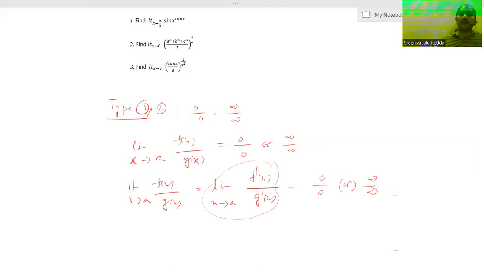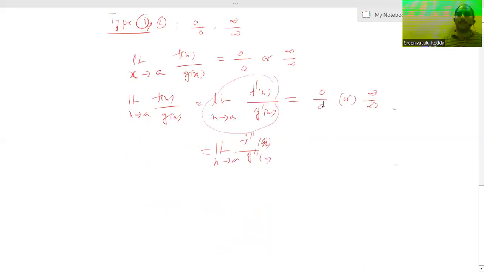Suppose this first derivative value is also 0 by 0 or infinity by infinity. This time the limit value of f of x by g of x equals the limit of f dash x by g dash x. Same procedure: you think of f dash x as f of x and g dash x as g of x, and take the derivative again. We get the second derivative, f double dash x by g double dash x.